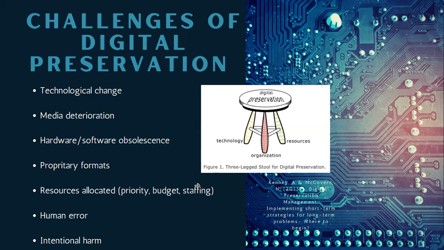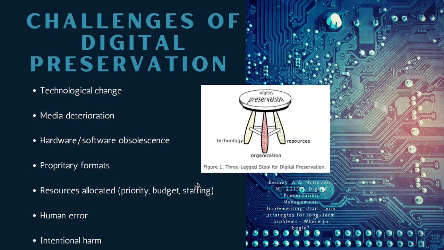There's also the issue of human error. I think we've all accidentally not realized we had a file picked up on our mouse and just unclicked and thrown that file somewhere. So you can imagine what can happen with digital preservation practices just through being human. And then there's also intentional harm.